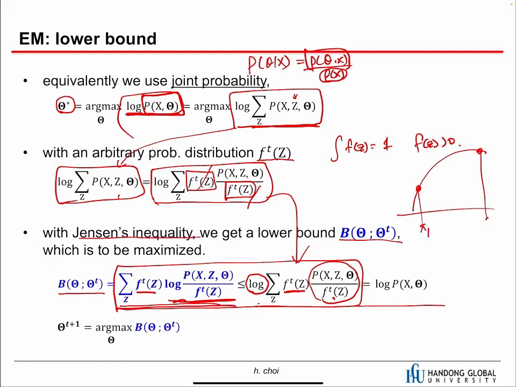So this one is x1 and this one is x2, and this one is f(x1) and this one is f(x2).